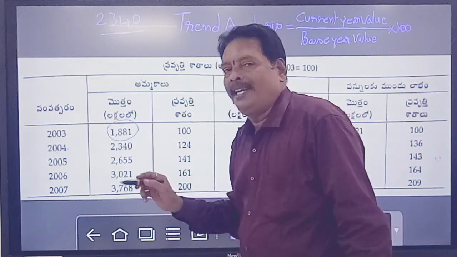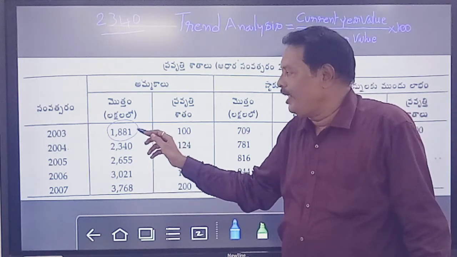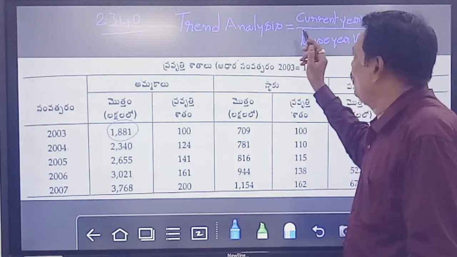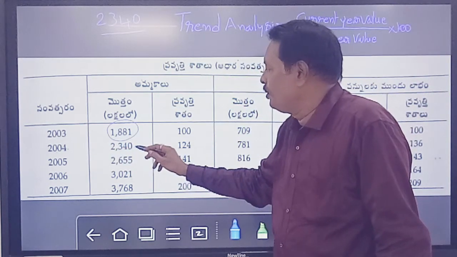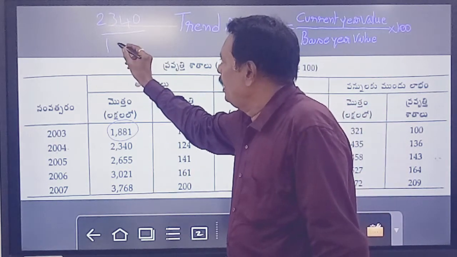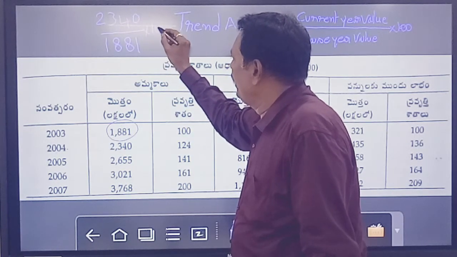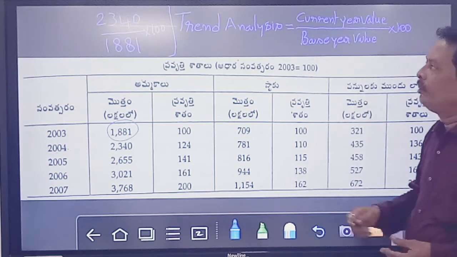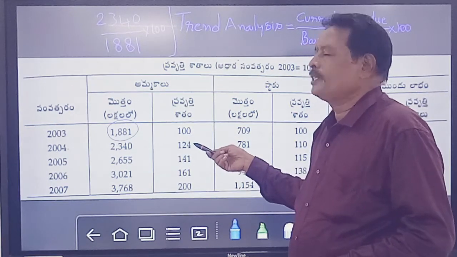For calculating percentages for the rest of the 4 years, you should take this one as the base year as per this formula. So the current year value is 2004, 2340, divided by the base year value 1881 into 100. With the help of a calculator, we can solve this. Simply we will get 124%.